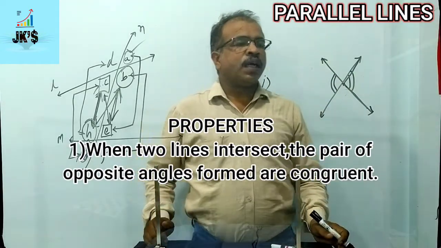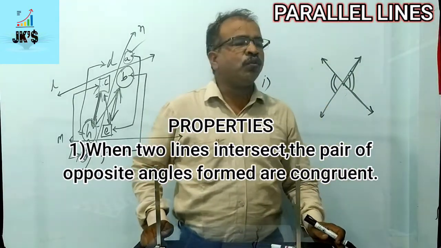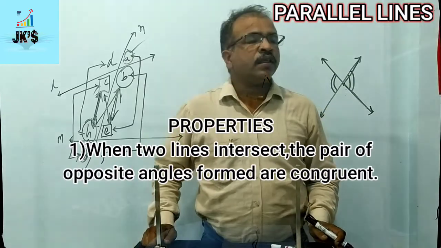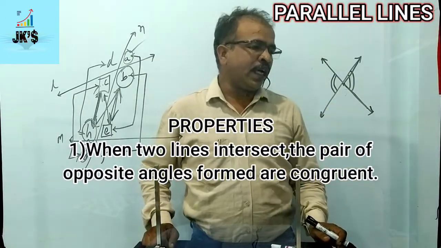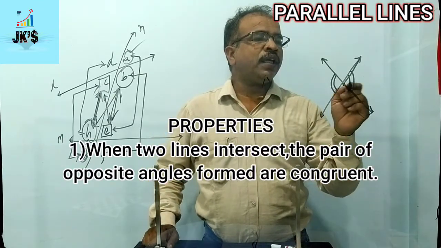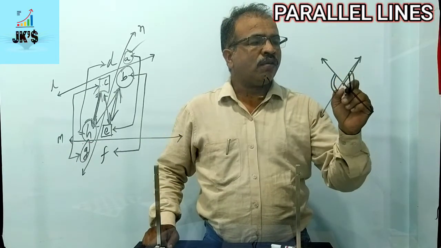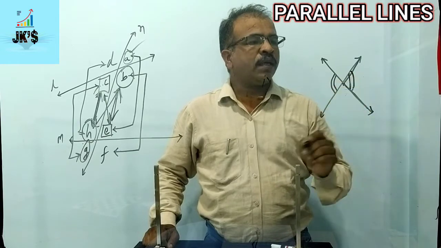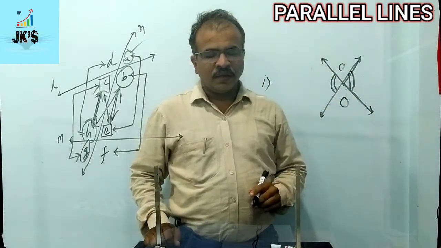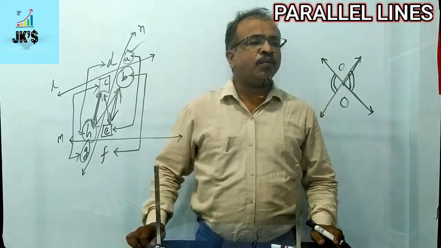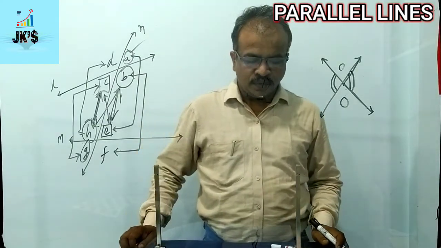When the sides of angles form two pairs of opposite rays, the two angles are known as vertically opposite angles, and these are congruent. This is one pair and this is another pair.